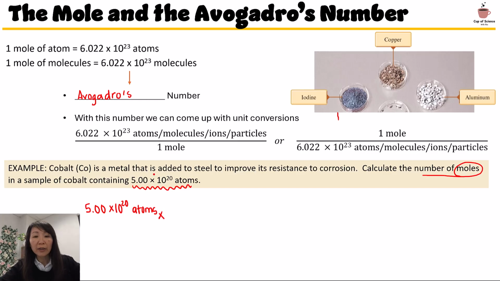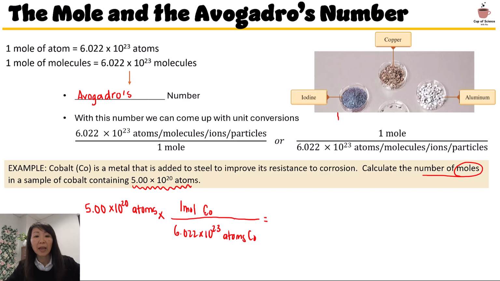We're going to use one of the unit conversions on the left to calculate the moles, and I'm going to select this one, where 1 mole of cobalt goes on top, all over the Avogadro's number of atoms of cobalt.